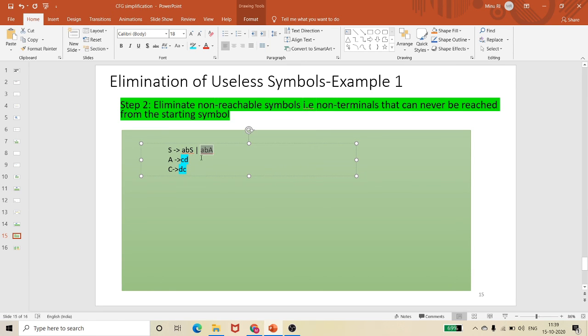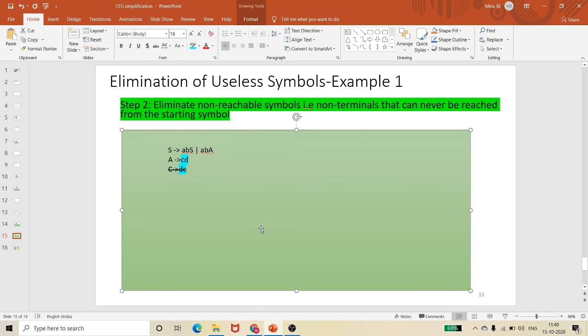So for A you can write. But do you think in any way you can reach C? Even for A there is no substitution for capital C. It means that even though you have a grammar for capital C, no way you can reach it or substitute it. It is an unwanted production in your grammar. So what you do? Simply eliminate it.